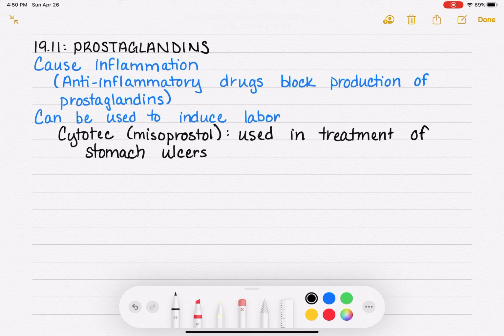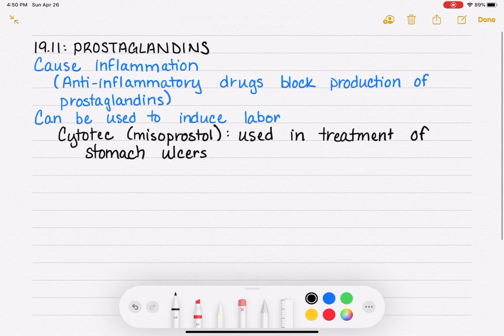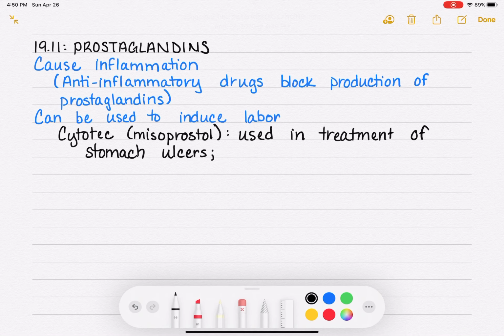The use of Cytotec is controversial in part because it's not intended for being used to induce labor. It's intended to be used to treat stomach ulcers. It's also controversial because it is used in the abortion process, or it can be used in the abortion process. It does not in itself cause an abortion, and in itself does not directly cause any harm to an unborn baby, fetus, other than it does prepare the cervix for birth.